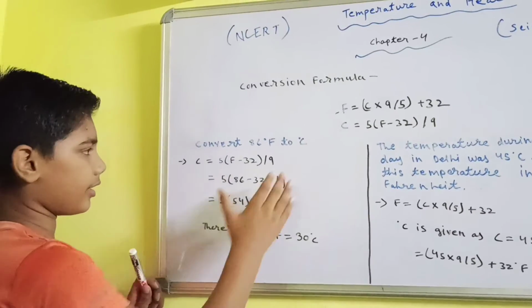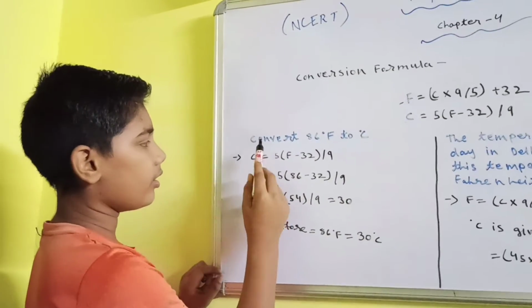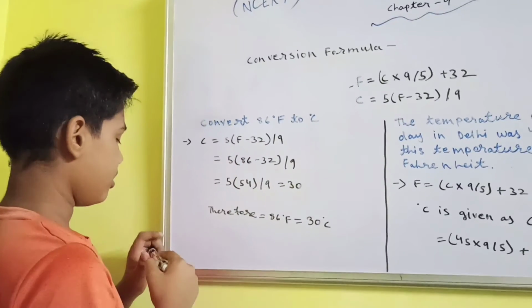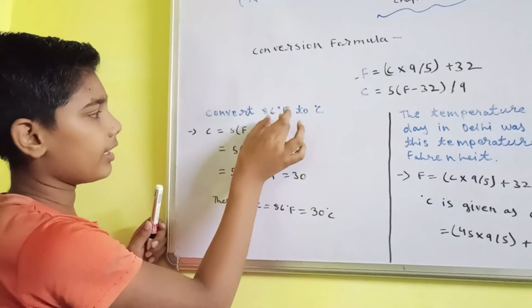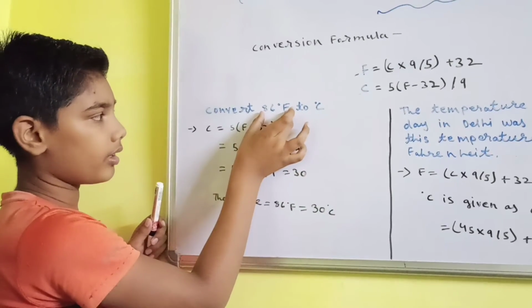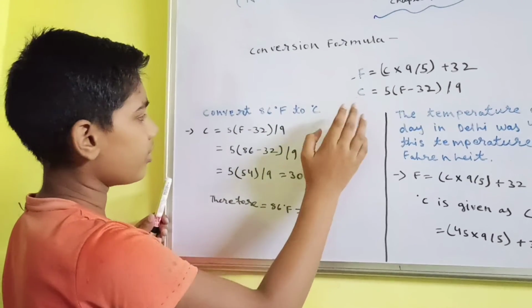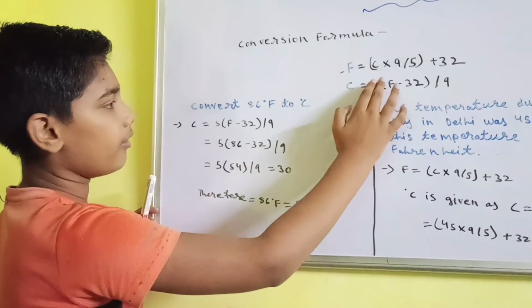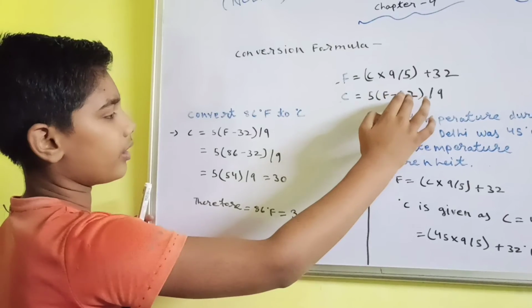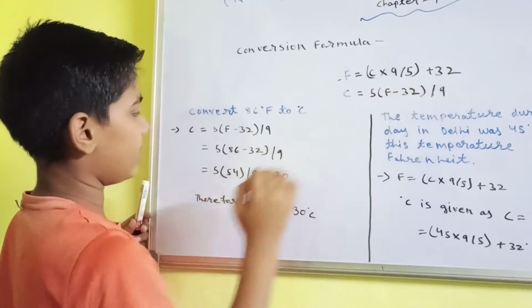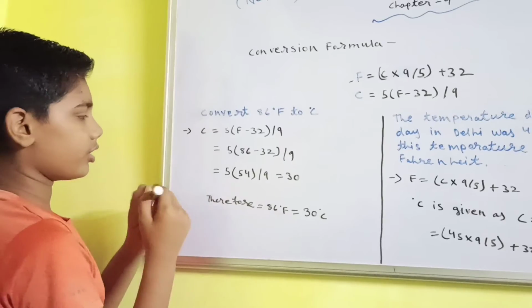Now we will understand this example. What is the question? Convert 86 degrees Fahrenheit to Celsius. So what is the formula of Celsius? C equals 5 into bracket F minus 32 bracket close, divided by 9. Now here is the solution.